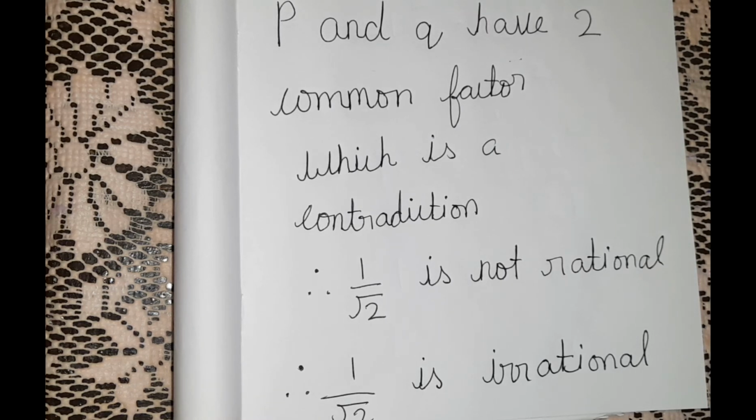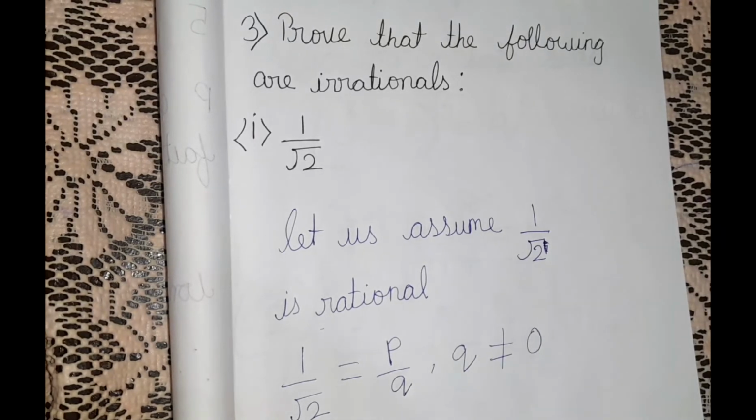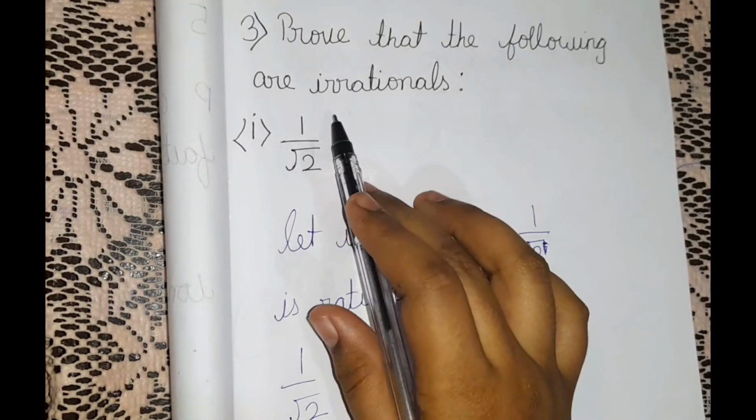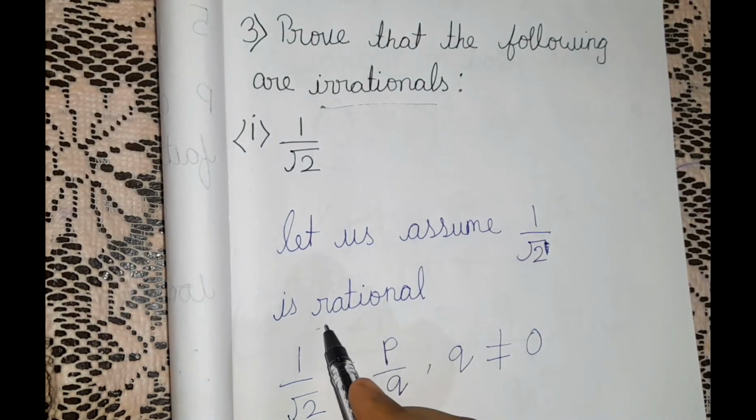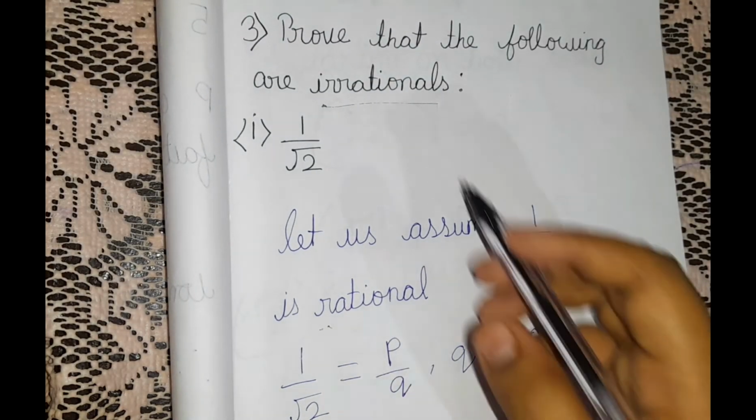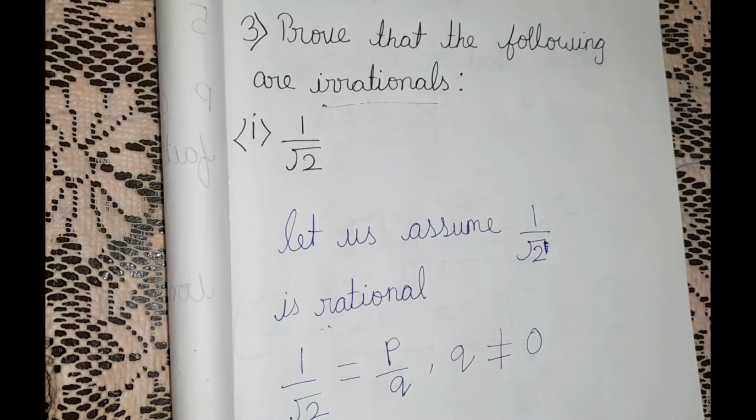So contradiction means, first we took a rational number. Okay, let me show that. If I show that only, you guys can understand. So here you can see in the question they gave irrational, but in the answer we took it as rational. So from irrational we took it as rational. We just took it like this because to get an answer, we have rational numbers as the form p by q.